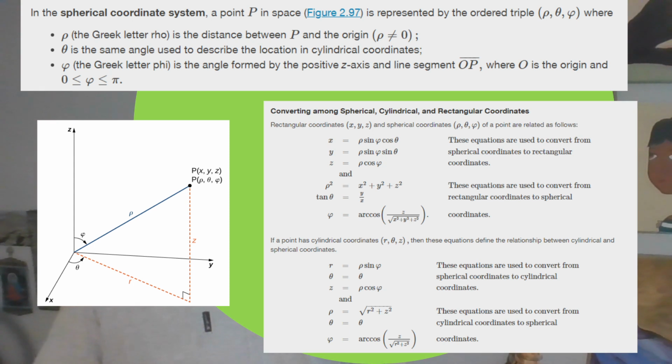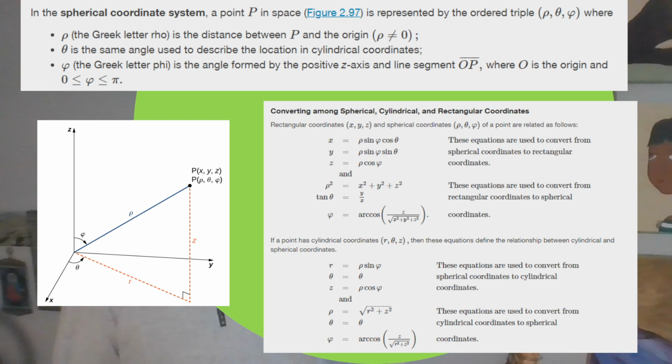The other relationship equation that they have here is that phi is going to be equal to the arc cosine of z divided by rho. But rho is equal to the square root of x squared plus y squared plus z squared, so that is how it's expressed.